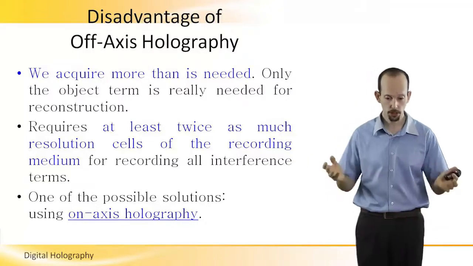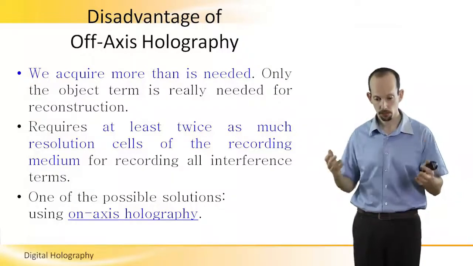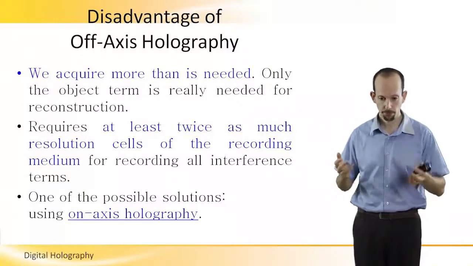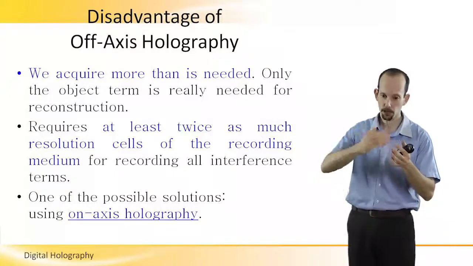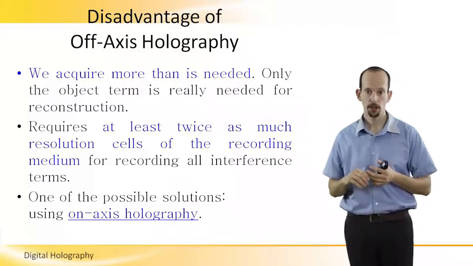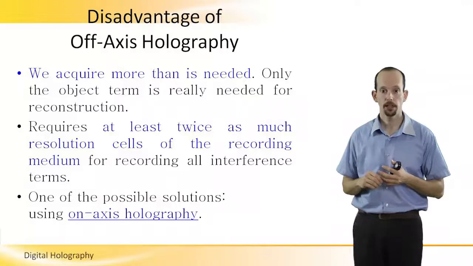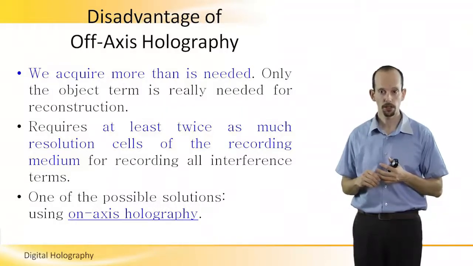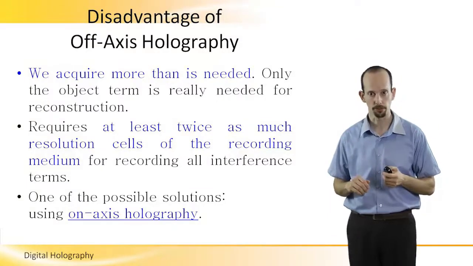So if we are using a digital camera, we need more pixels than is usually needed for a regular image, because we need to record this high spatial frequency of this carrier frequency cosine. And in order to avoid this redundancy, we can use on-axis holography.